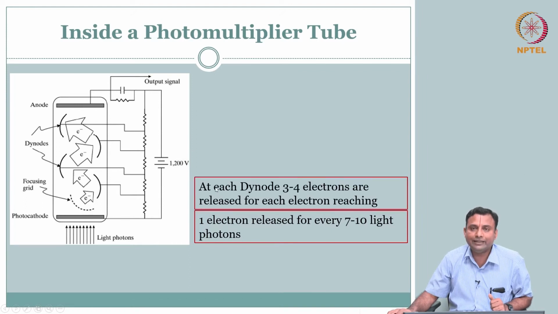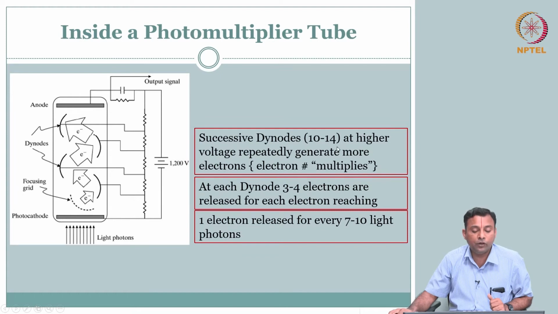At each dynode more electrons are released: about 3 to 4 electrons are released for each electron reaching the dynode. Likewise you have several dynodes, about 10 to 14 of them.